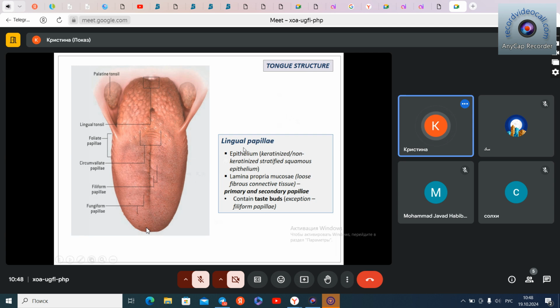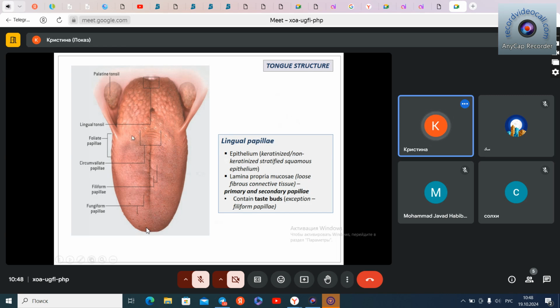Lingual papillae are evaginations of epithelium and lamina propria mucosa. They contain taste buds except for filiform papillae. We have four types of papillae. The largest ones are called circumvallate papillae.